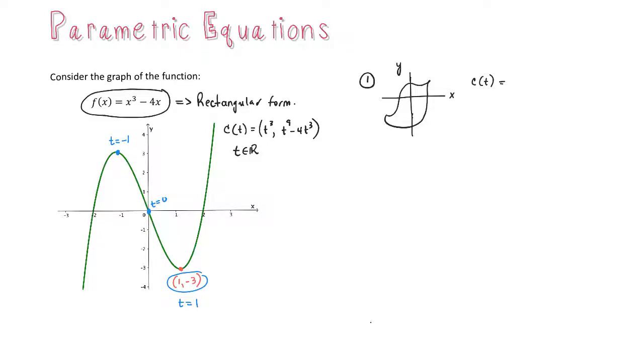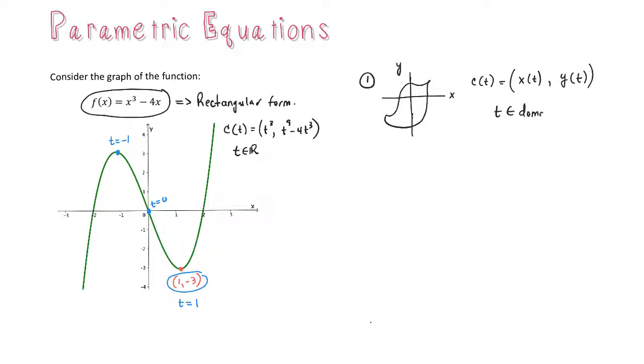I should be able to find a C of t with an equation for x in terms of t, and an equation for y in terms of t. That is going to give me every single point on this curve. And t is going to have some domain.